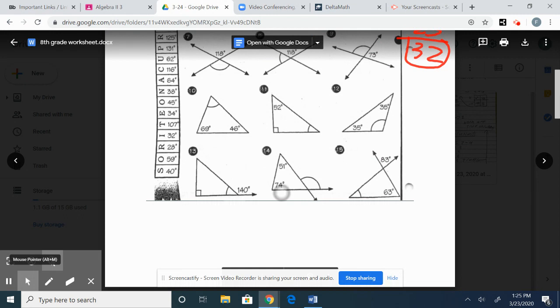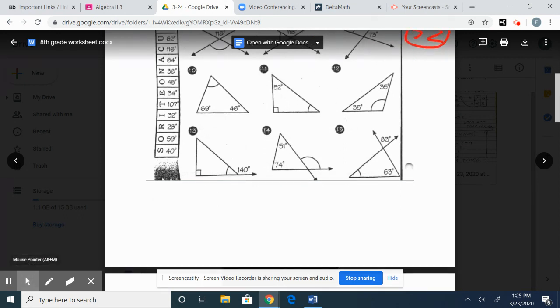Now if we come down here to 10 through 15, what we need to know about the angles inside of a triangle is that they are all going to be equal to 180. So with number 10, we see that 180 has to be the sum of all the angles.